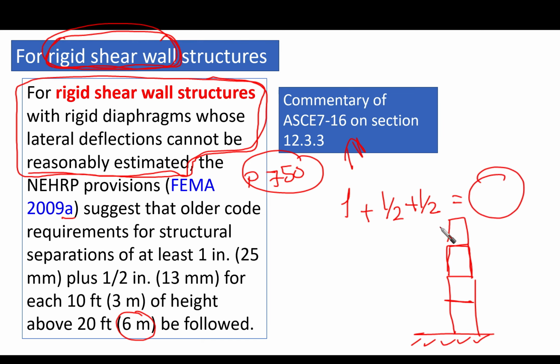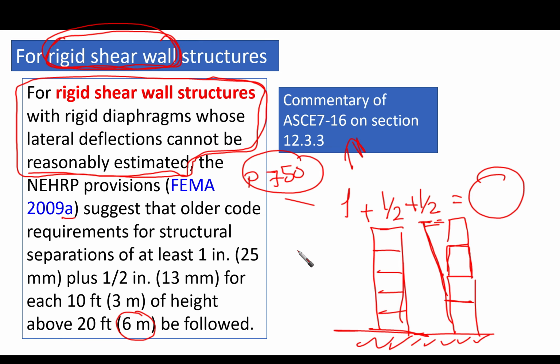So this would give us the lateral displacement for the case of rigid shear wall structures. Okay, so that's the meaning here. And of course, if the other structure is also a rigid shear wall structure, we apply the same philosophy and the same requirements. So remember that if we have rigid shear walls, then we need to follow the older code provisions, not the common way of calculating the deflection or displacement, not Cd times delta max over Ie.